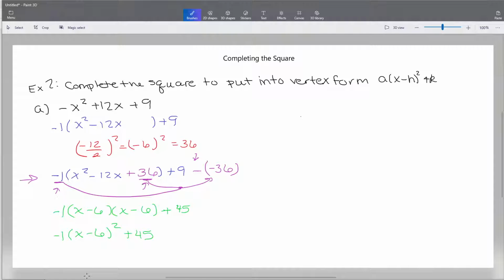Okay, let's look at a third example of this. So I'm going to start by factoring out that negative 1 in the front.